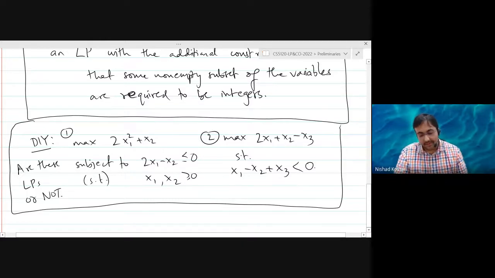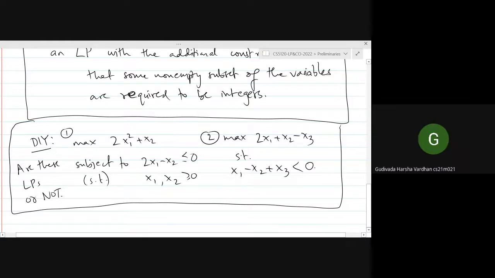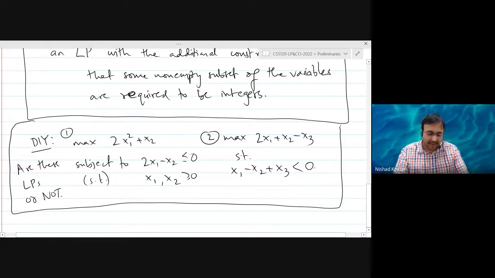So, in fact, it turns out that a lot of problems in the real world are actually not linear optimization problems. I mean, that's bad news. So you need theory to deal with non-linear optimization problems. However, the theory of linear programming is actually very useful in going beyond linear programming.